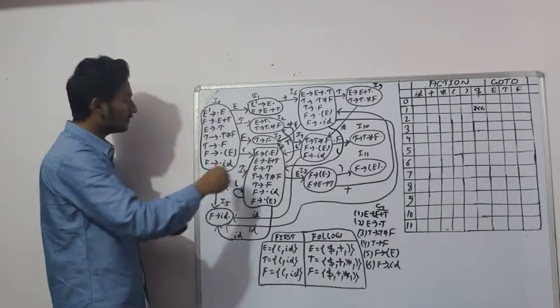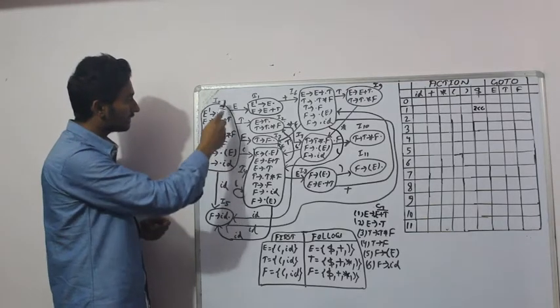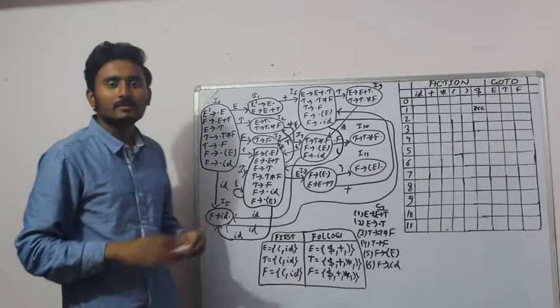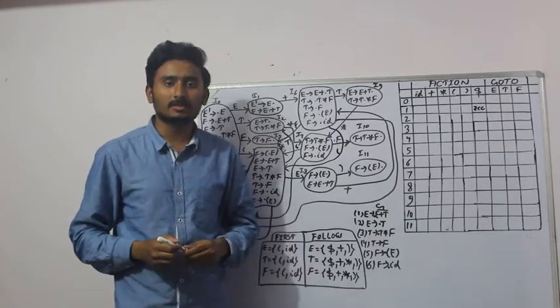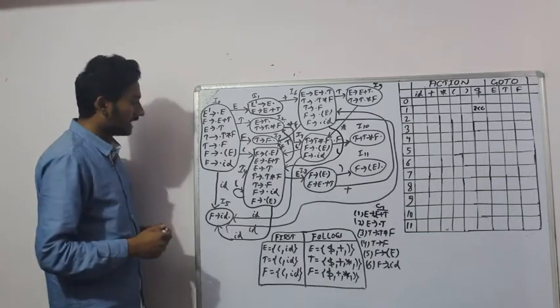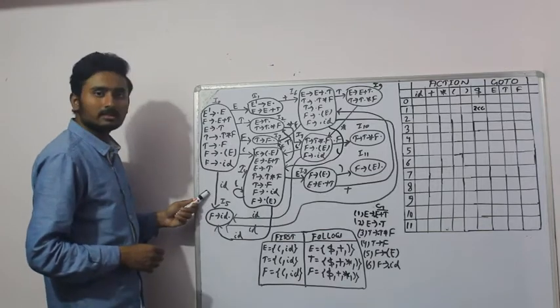But in I0 we can see that no dot is present at the rightmost side of any production. It simply means that in this state we do not have a single reduce operation. So we have shift operations, which will be carried out with the terminals.